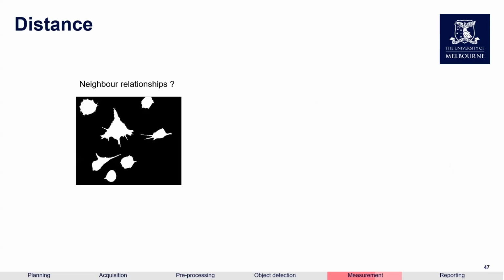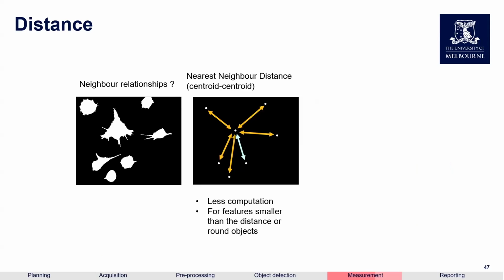Also, the distance between objects is a very common spatial measurement. The nearest neighbor distance measures the centroid to centroid distance between the objects. So it's computationally simple and also works well when the features are small relative to the actual distance between them. So when they're very well separated and the objects are small, and also when objects are round, then you'd measure this nearest neighbor distance.